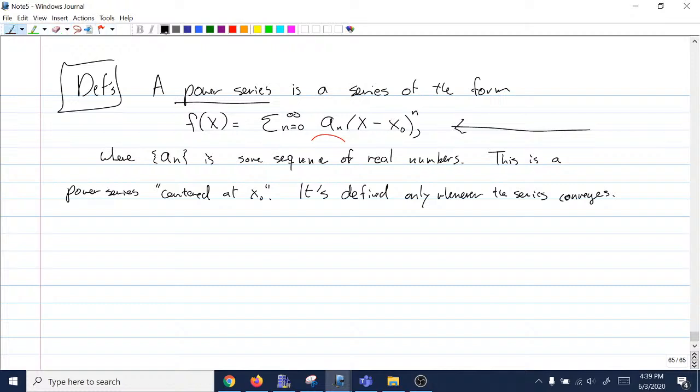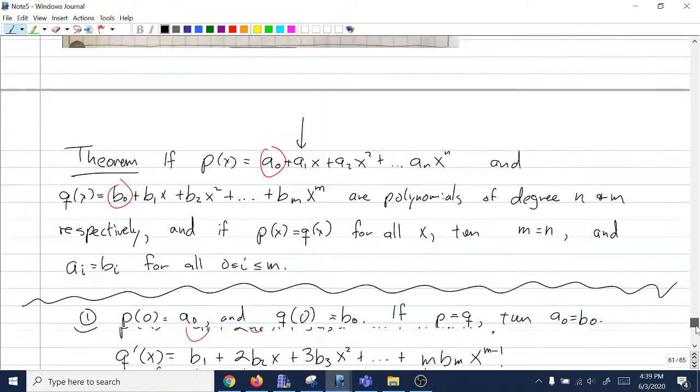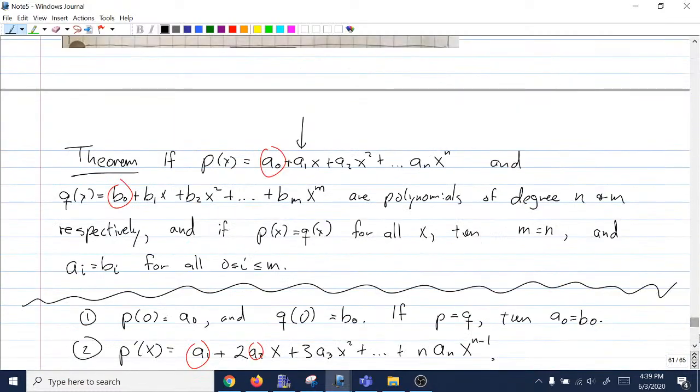A key thing going on is this polynomial, the statement I had was that if it's true for all x, but we only really used small values of x close to 0. We said what's the function at 0, what's the derivative at 0, what's the second derivative at 0.